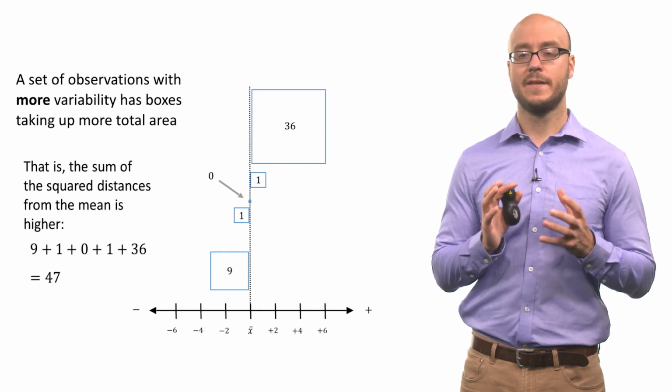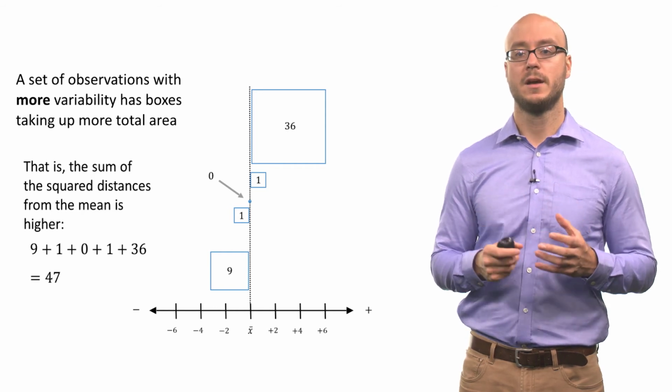You can see that this squaring of the distances from the mean still encompasses the variation of the data set. If you have a data set with more variation, the sum of the squared distances is going to be greater. If you have less variation, the sum of the squared distances or deviations is going to be smaller. But we want to look at a single number in terms of the variation.